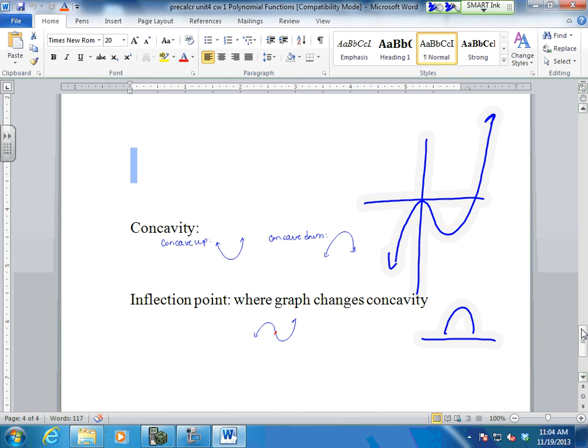Here's your cave. This is concave down. It's turning downwards. This is concave up. My cave flipped up. It's turning upwards. So my graph is actually doing this. It's coming up here, increasing, increasing, stopping, decreasing, decreasing, stopping, increasing, increasing. To that, we're going to add your concavity. At this point, doesn't it make a down cave?